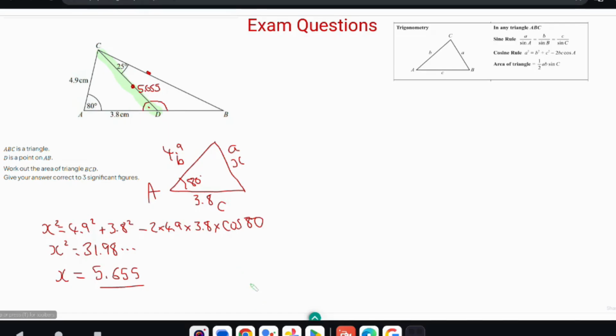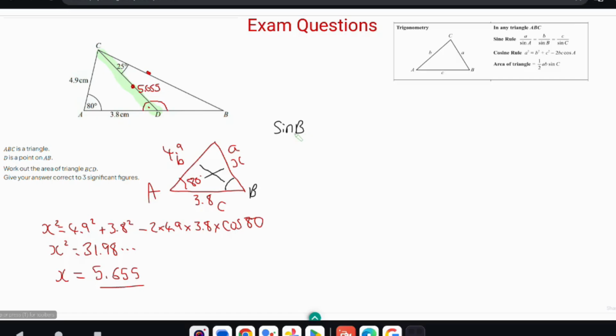So let me just change the colour up. I want to find this angle here, which would be big B. So I've got opposites here, opposites there, so I could use sine rule. And don't forget, for a missing angle with sine rule, you've got to flip your formula.